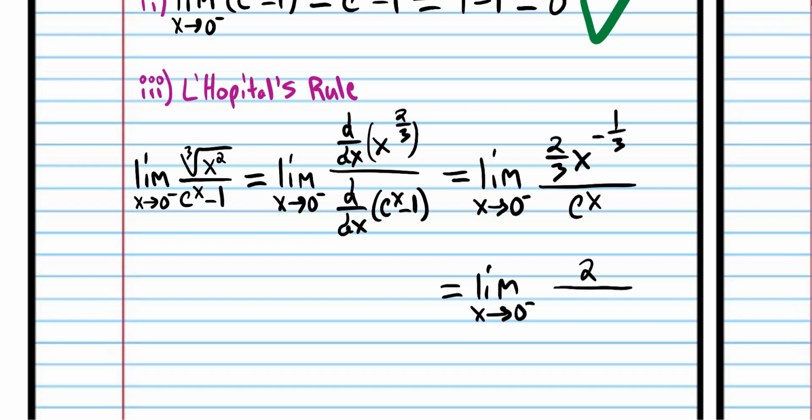So we're going to have 2 over 3 times the cube root of x times e to the x.